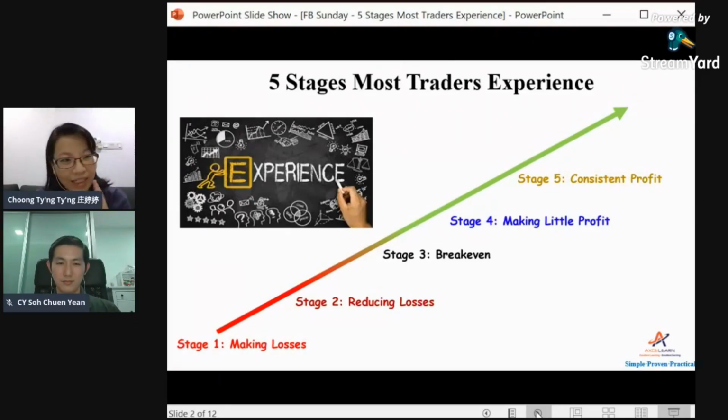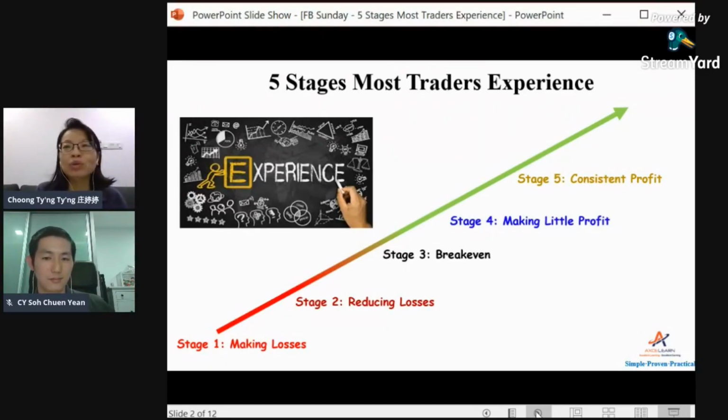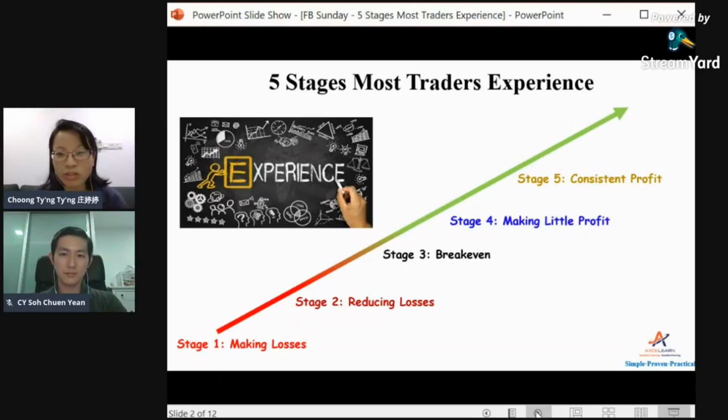Now, I give you 10 seconds. You just need to identify which stage you are currently in. I repeat my question. You just need to type 1, 2, 3, 4, or 5. You don't need to copy other people, and you don't need to bother about how other people view you. You just need to put in your own stage. Answer this question honestly. If you are currently at stage 1, you just put 1.